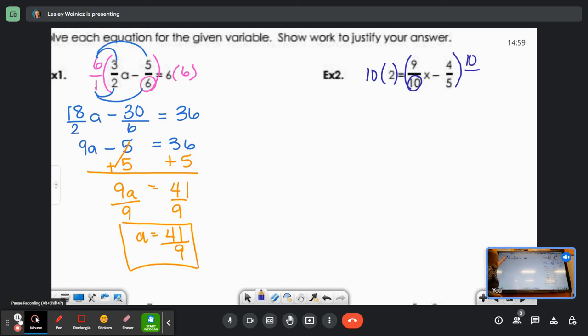A 1. Okay, 10 times 2 is 20. 10 times 9, 90. 1 times 10 is 10. Okay, bring down the x, bring down the minus. My 20 is kind of floating. There.